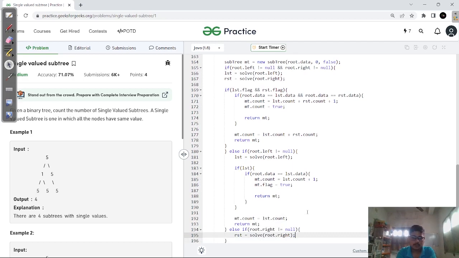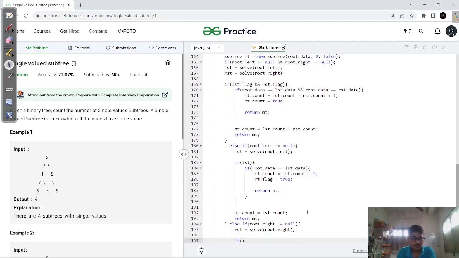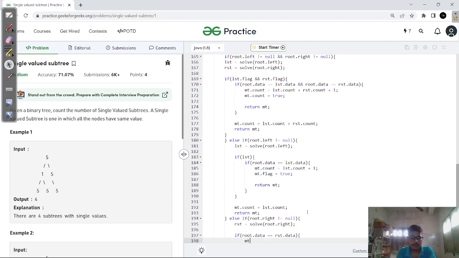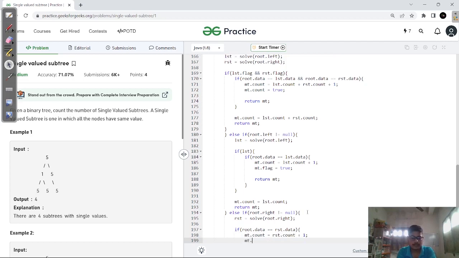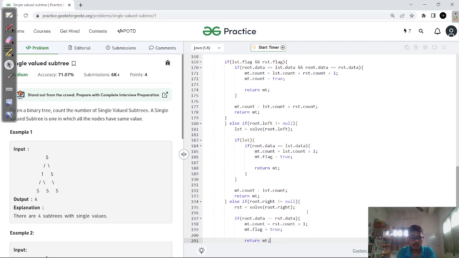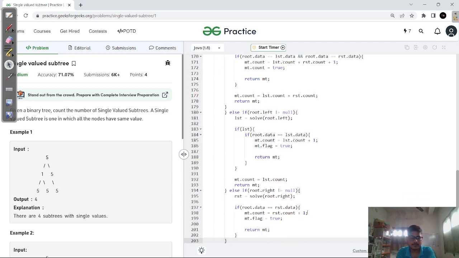For this case also, if my value is equal to the right subtree's value, then I update my count as right subtree count plus 1 and my flag will be true then. I'm returning my tree. Okay, so I'm missing one case. I have to check if it is a subtree or not.